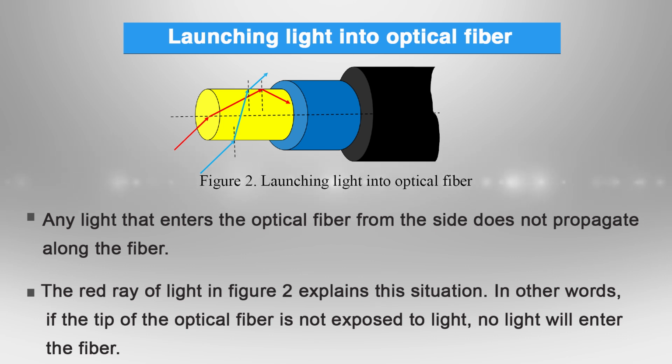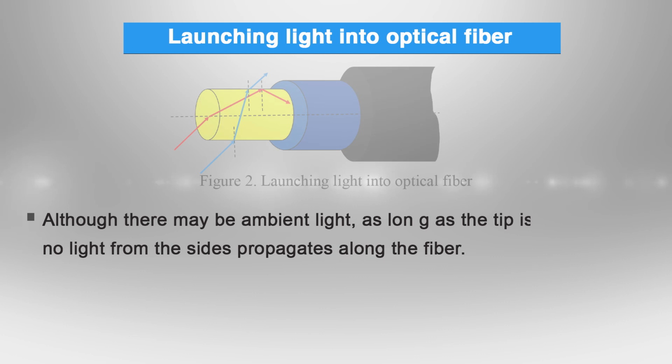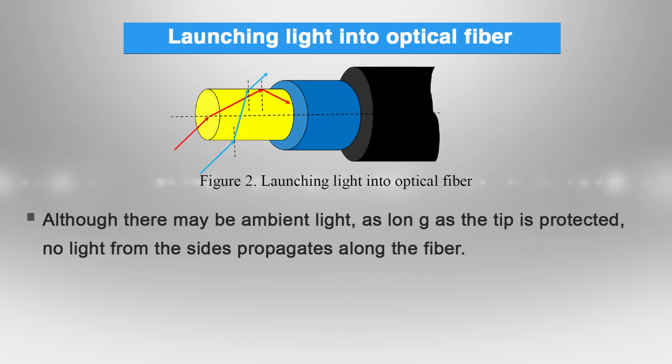In other words, if the tip of the optical fiber is not exposed to light, no light will enter the fiber. Although there may be ambient light, so long as the tip is protected, no light from the sides propagates along the fiber.